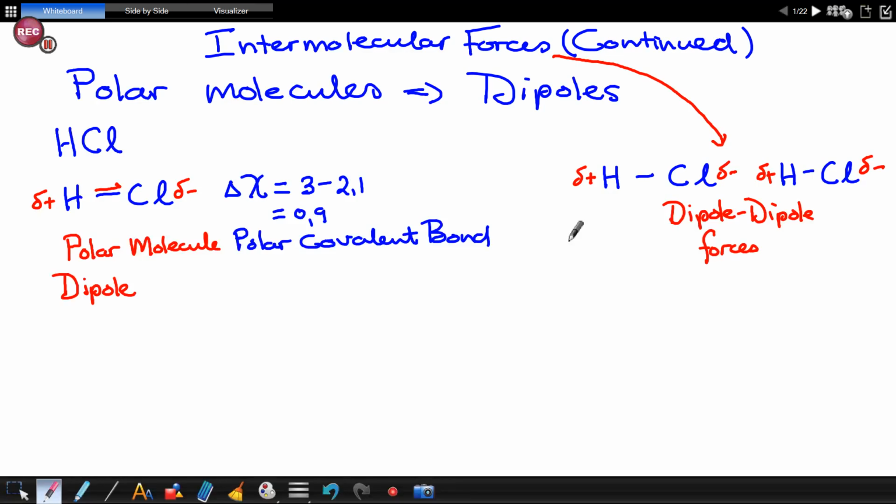So if that is one hydrogen chloride molecule, you need another hydrogen chloride molecule to have intermolecular forces.